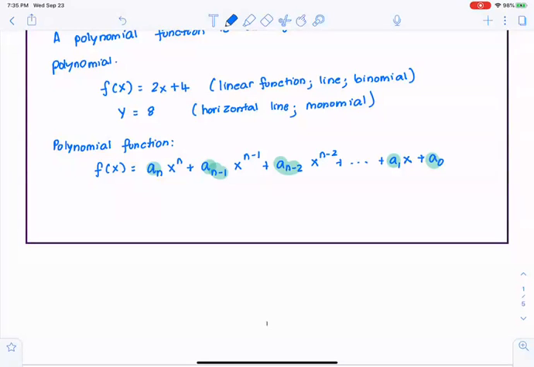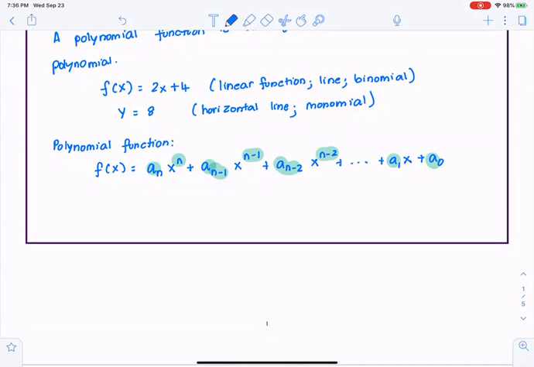A key thing to note is the power that we see in the polynomial itself. So every single x term has a power. We have n, n minus 1, n minus 2, and so forth.